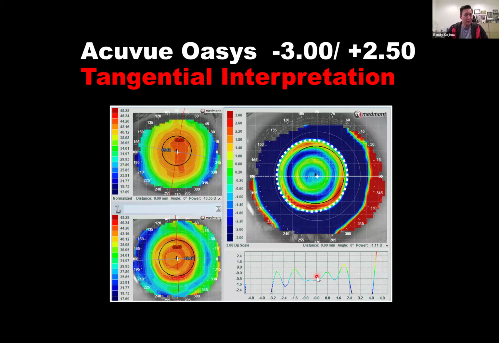So, if this patient was struggling with their quality of vision wearing soft multifocal lenses, we know why. That the lens is decentered in relationship to the visual axis or the line of sight. So, we are creating aberrations from having those optics shifted off of center.